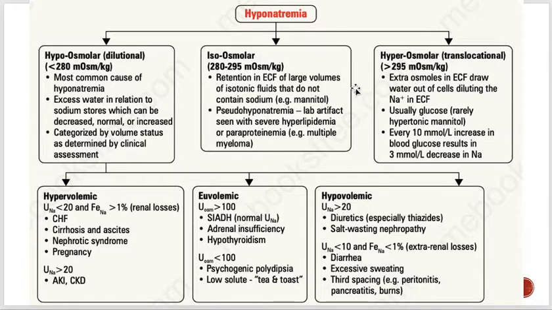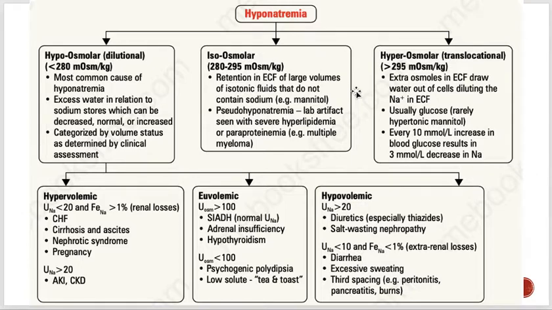And of course, if someone is developing severe symptoms like seizures or decreased level of consciousness, then we can treat it by giving 3% saline to the patient, with furosemide. So this is how we treat these patients.